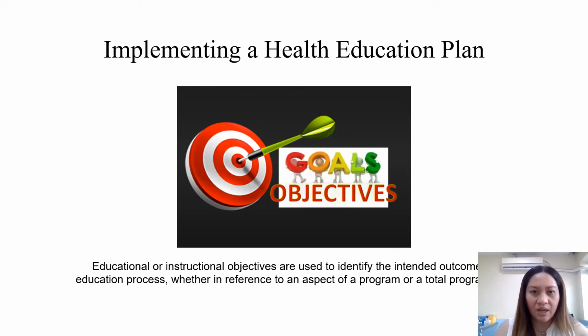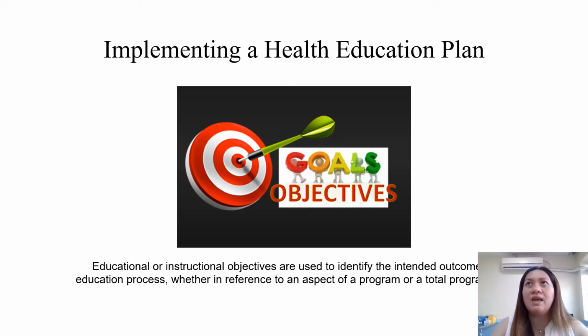Now after that, you will focus on your goals and objectives. Objectives are very important. This is used to identify the intended outcomes of the education process, so you would know what your goal is at the end of this activity. So my goal is for the nurses to know how to administer oxygen therapy to the patient.